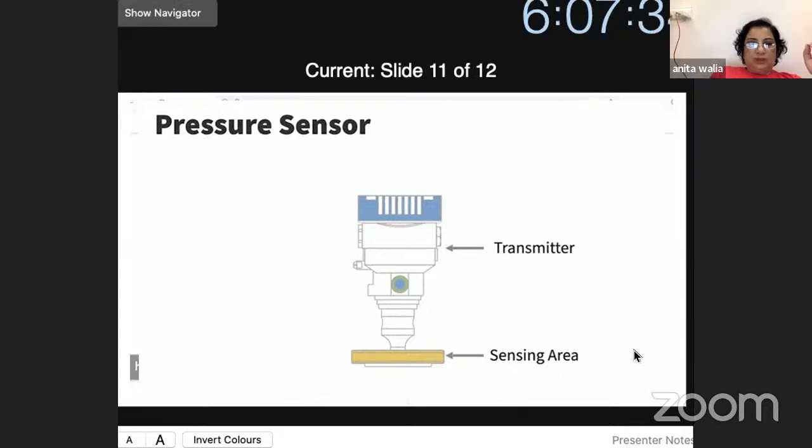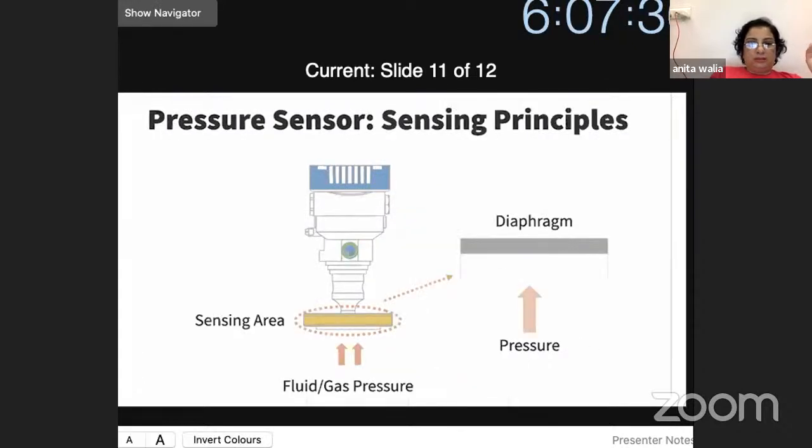So what happens? It is based on a particular principle, and this is the sensing principle on which this thing is based. The sensing principle focuses on how the deflection is converted into an electric signal, how you get a change in the resistance and the capacitance.